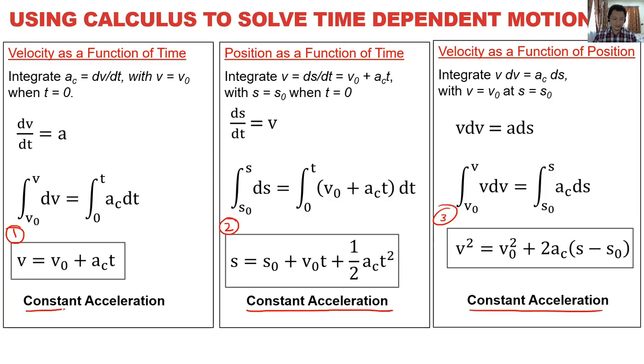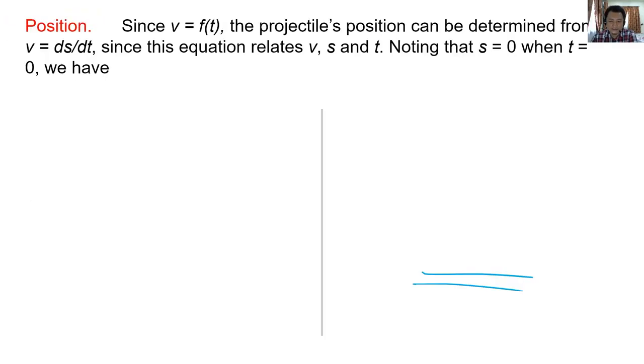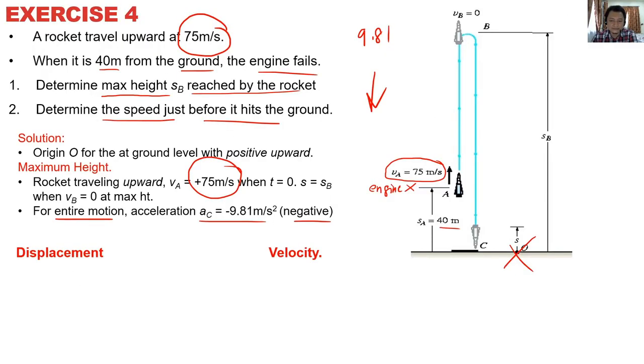Which acceleration? Gravity, which is equivalent to negative 9.81 meters per second squared. So it works for this one.